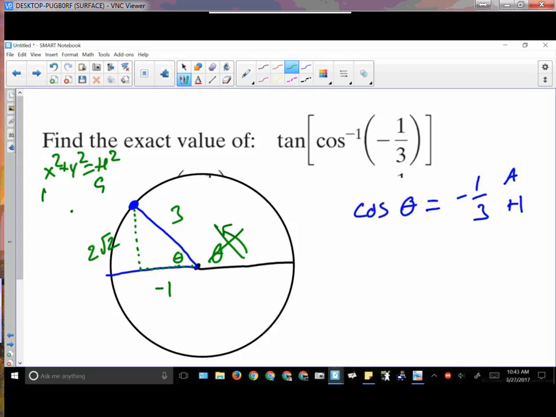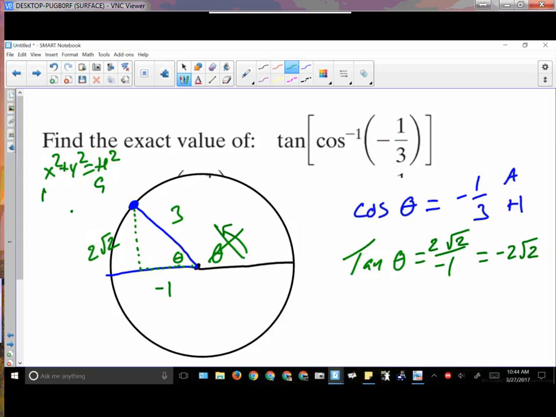So now, that means that whatever it is, that theta produces this triangle. So that means the tangent of theta is going to be equal to opposite over adjacent. So that'll be 2 square root 2 over negative 1. So this should be negative 2 square root 2.